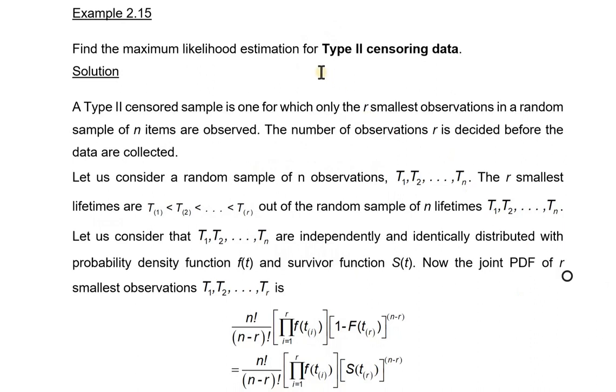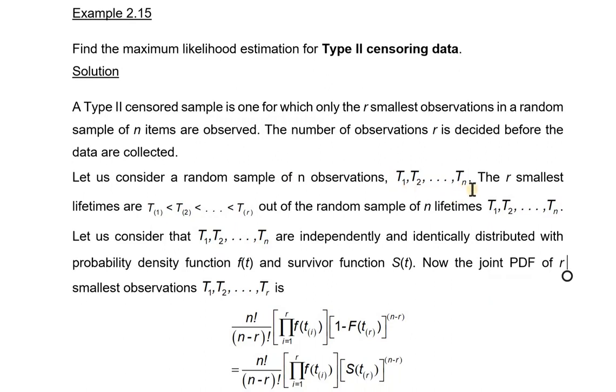It is for type 2 censored data. Remember that for type 2 censored data, we know in advance how many failures we want to record. Let's say we have T1 until Tn observations from n samples. From here, we can divide it into censored and uncensored.